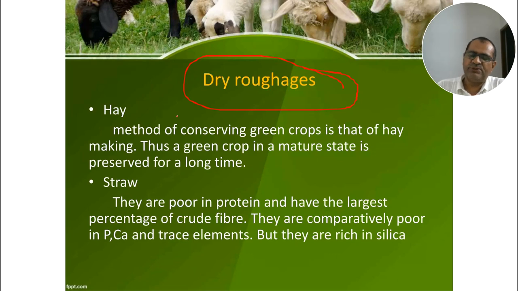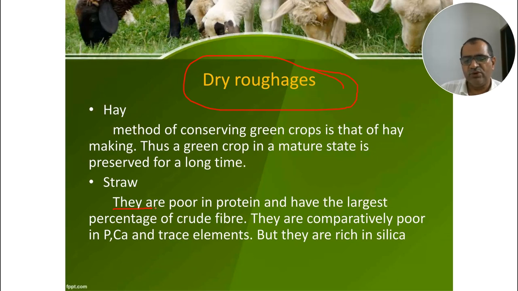It is a process of storing dry fodder and removing the moisture content to the maximum extent possible, and storing it without affecting its nutritive value and without it being affected by pathogenic fungi which may produce mycotoxin. This hay is very much essential for cattle throughout the year. It should be available along with the concentrates. Whereas straws are poor in protein.